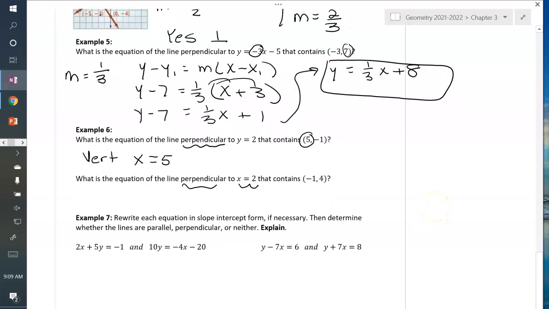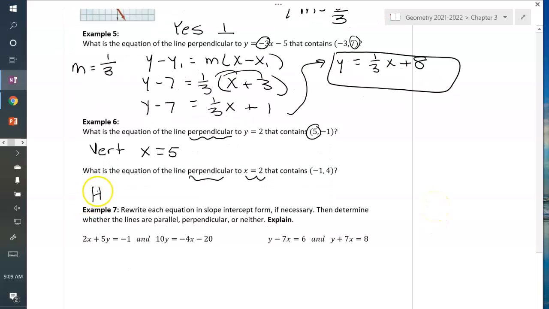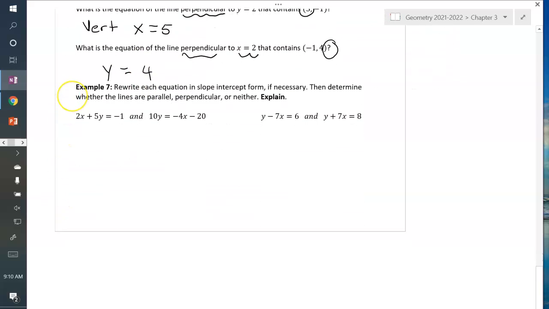Perpendicular to vertical is horizontal. All right, I don't know why this keeps wanting to jump over on me. So horizontal, that means y equals. Get your y coordinate. Y equals 4. Done.